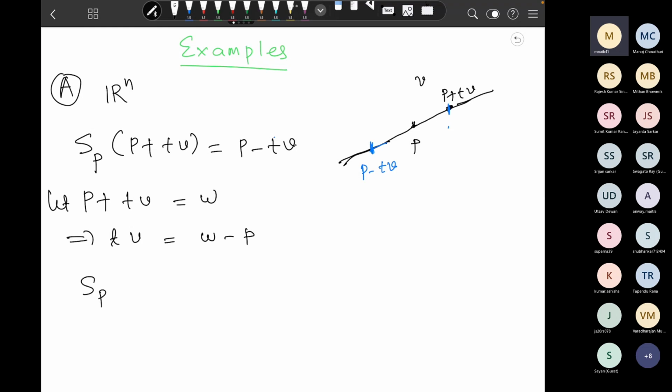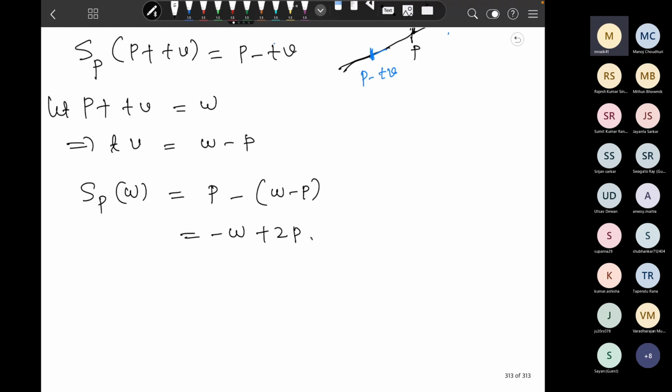So SP(W) is really P TB equal to W minus P. This is really minus of W plus 2P. This is the description of SP, and clearly this is a so-called affine map, and therefore SP belongs to I(Rn).